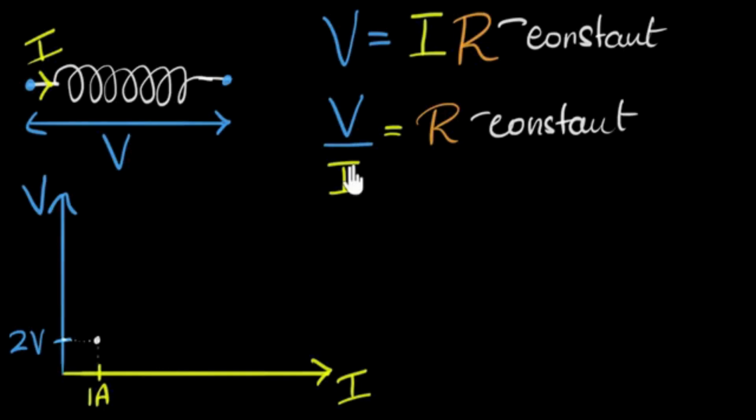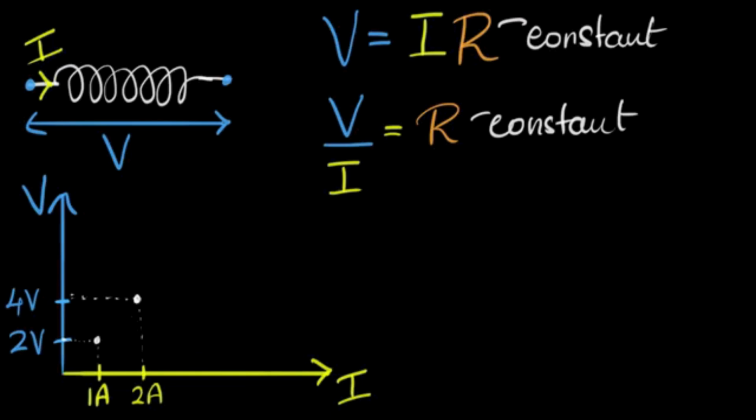Now, if Ohm's law is valid, then if I double the voltage, let's say I make it 4 volts, then the current must get doubled, so 2 amperes. So another point must lie somewhere here.